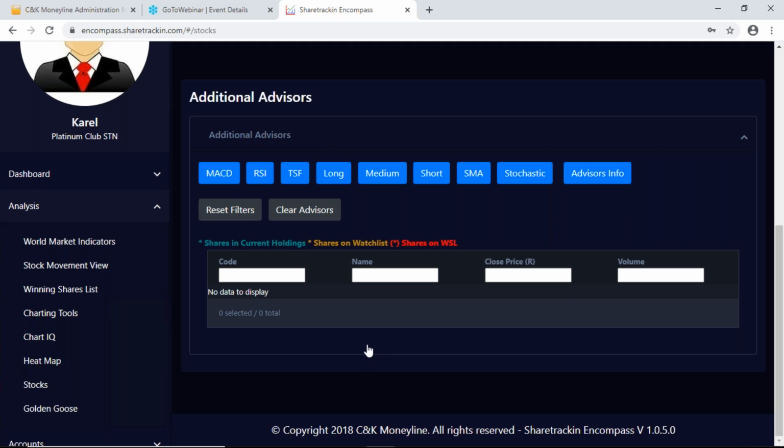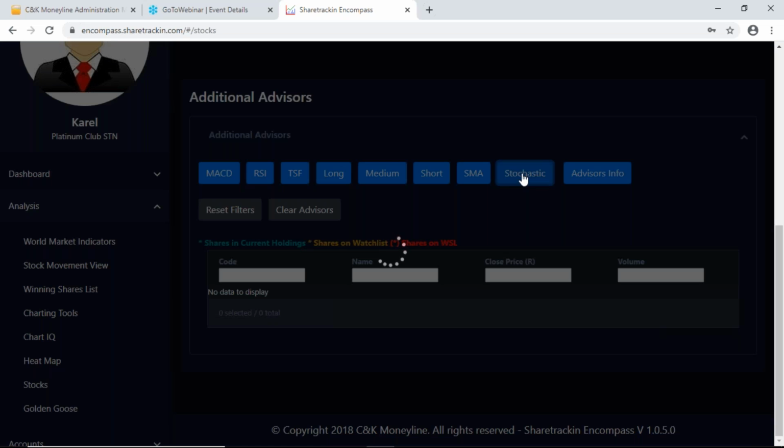In your additional advisor, we usually insert a long. And then we just wait for it to load. Depending on your internet connection, this can go quite fast or it can take its time.